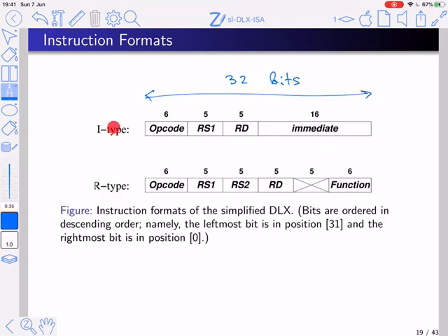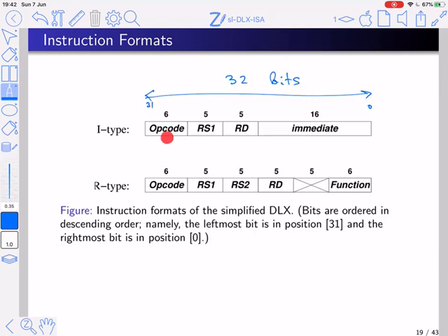In the case of an I-type instruction, these are bits 0 up to 31, I should emphasize. In the I-type instruction, the last 6 bits encode the instruction, whether it is an add instruction or another instruction.